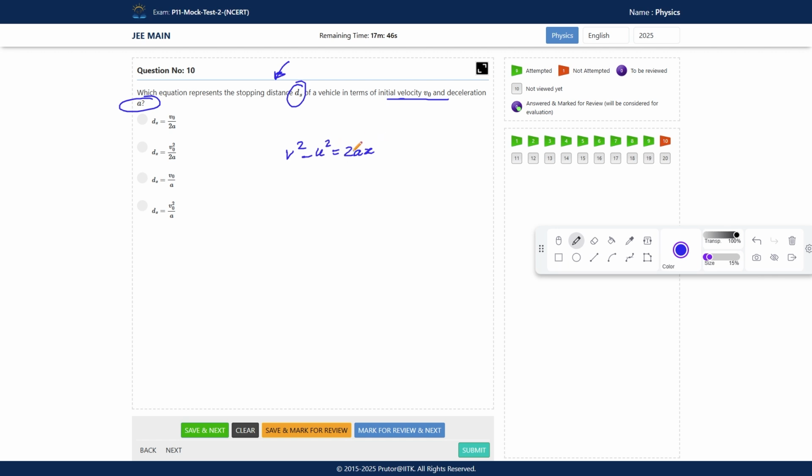Here x is displacement. Here the question tells us about the stopping distance. Stopping distance means final velocity is 0. So v is equal to 0, minus u square equal to 2ax, where x is equal to ds, the stopping distance.